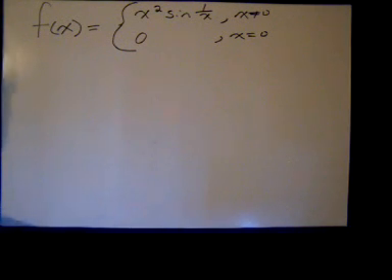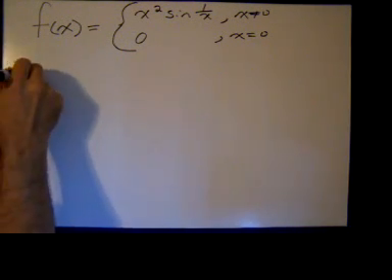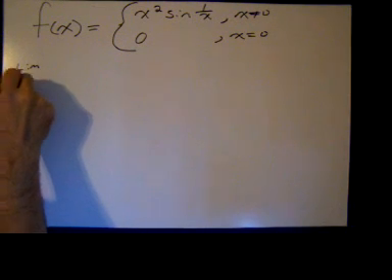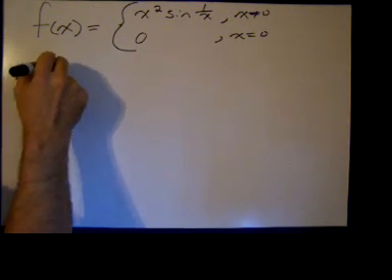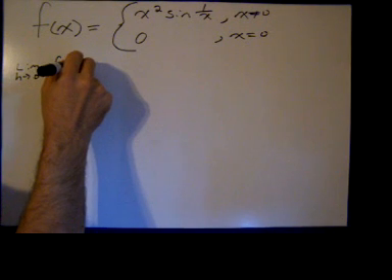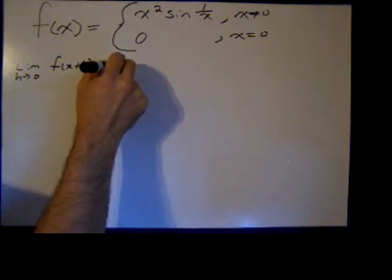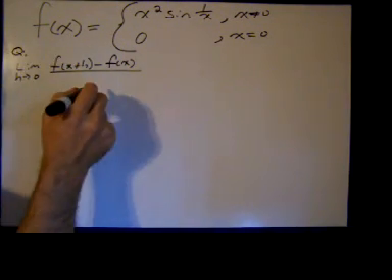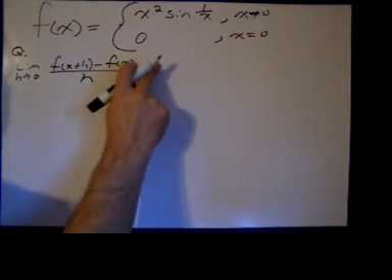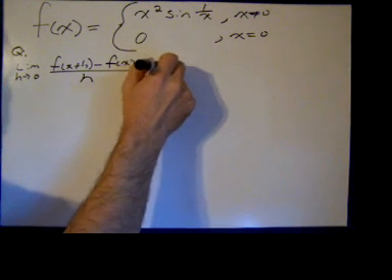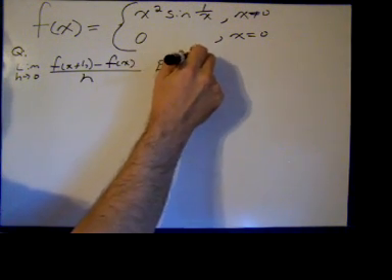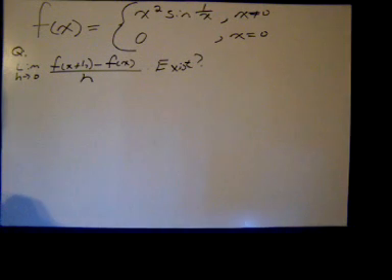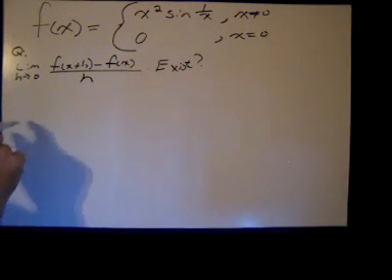So then we need to ask ourselves, does the limit as h approaches 0 of f of x plus h minus f of x, over h, exist? This is the question. So what we're going to do is use this function and see if this limit exists.